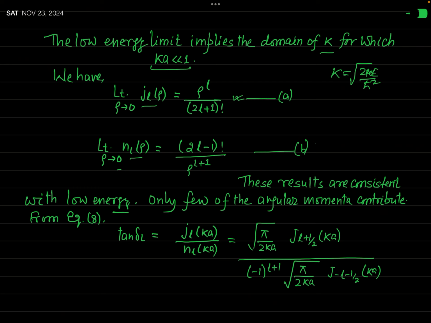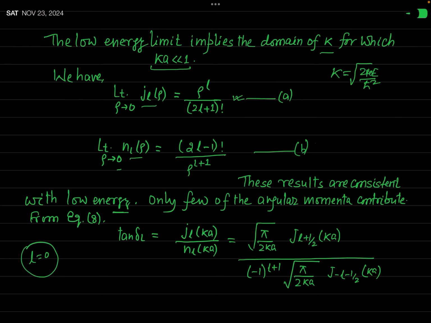The scattering is mainly due to S wave. When you talk about S wave, that means the wave for which L is equal to 0. So mainly in this case, scattering takes place due to the wave for which L is equal to 0.